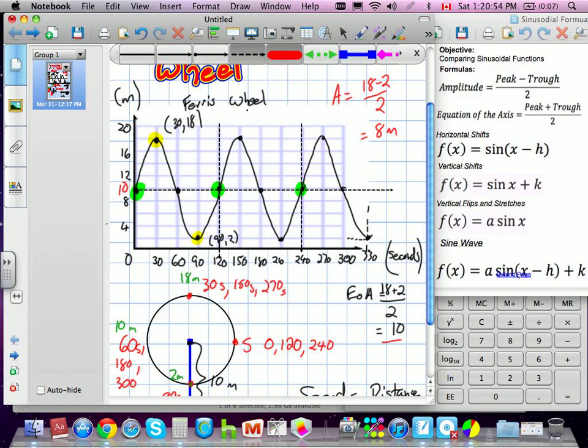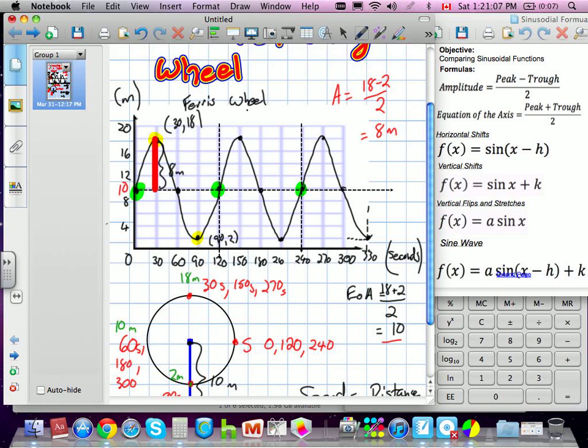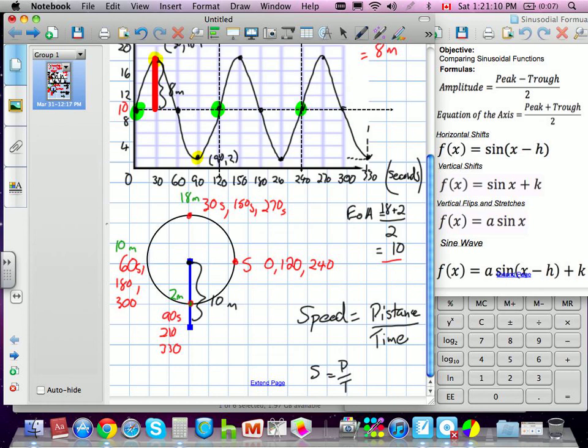In other words, it is 8 meters from the equation of the axis up to the highest point, right? Or same is to the lowest point. Now that we know that, that's also considered the radius of this circle, okay? A very important piece of information.